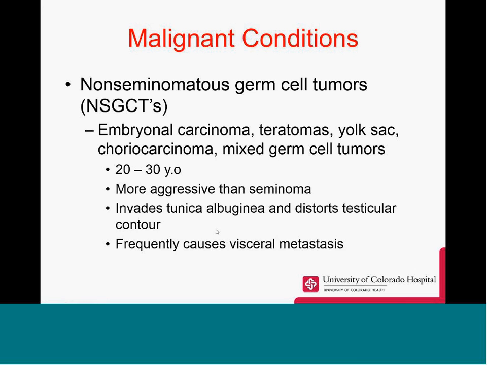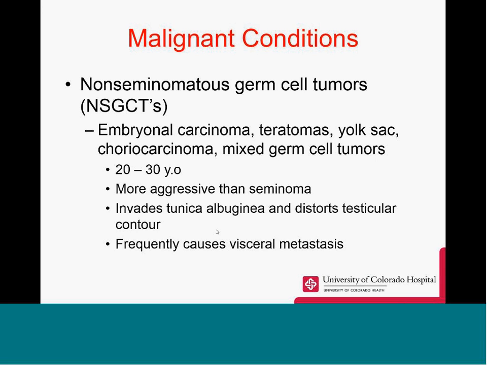Now the non-seminomatous germ cell tumors, also known as the NSGCTs. These are the embryonal carcinomas, teratomas, yolk sac tumors, choriocarcinomas, and the mixed germ cell. This affects men between 20 to 30 years old and are more aggressive. These tend to invade the tunica albuginea and distort the testicular contour.